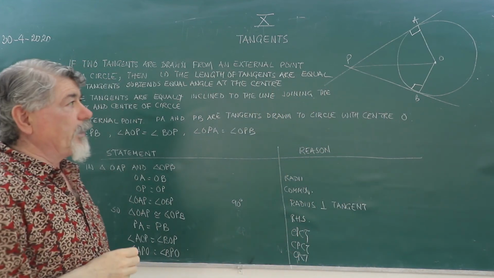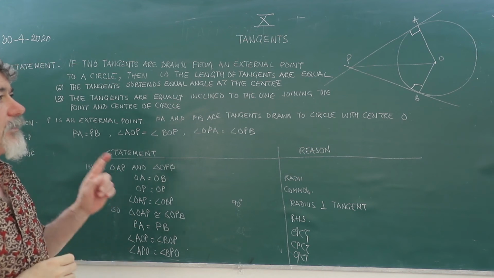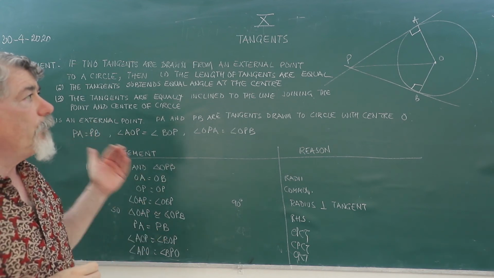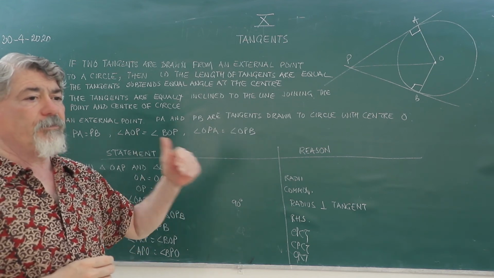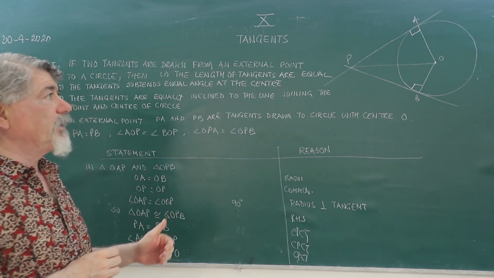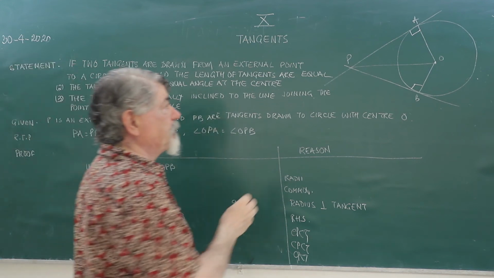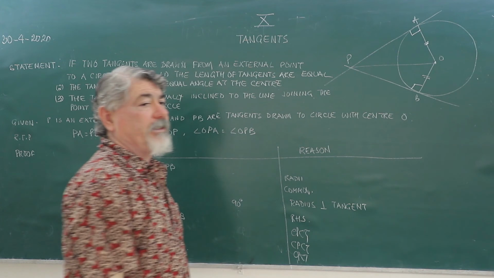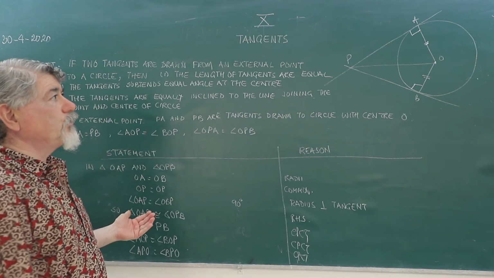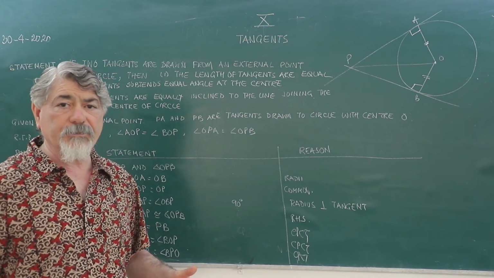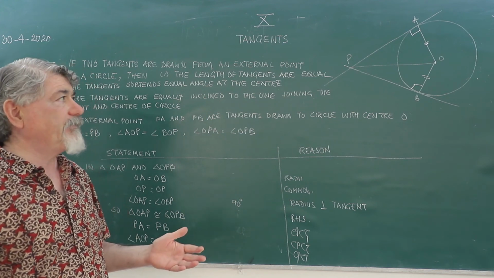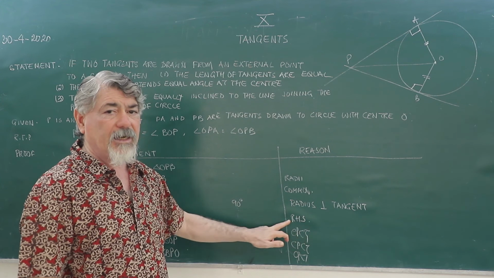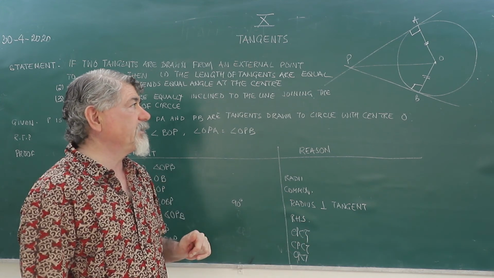In these two right angle triangles, the hypotenuses are equal. Which is the hypotenuse? OP is the hypotenuse. And for one of the remaining sides, OA is equal to OB, radii of the same circle. So these two triangles are equal to each other in each and every respect by the RHS, right angle hypotenuse side, property of congruency.